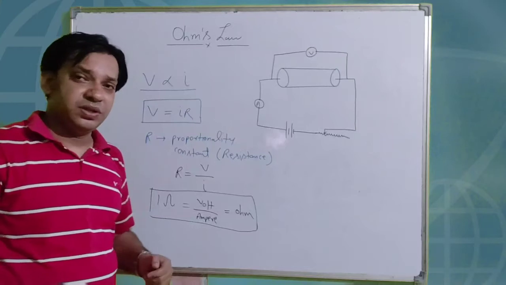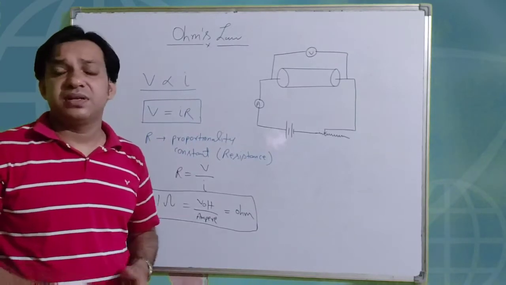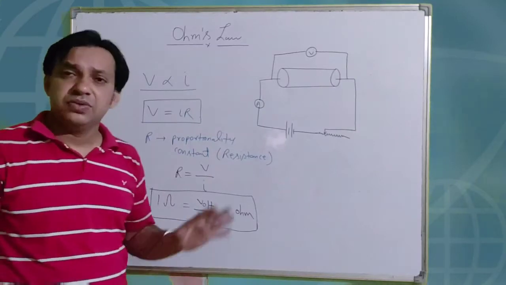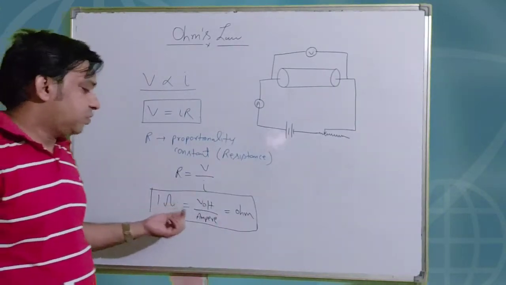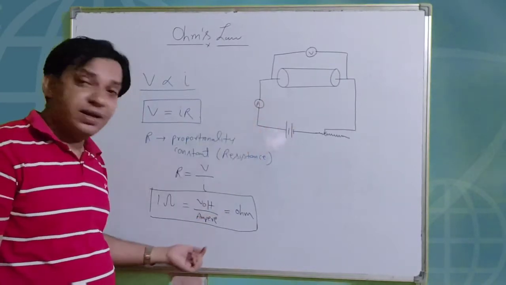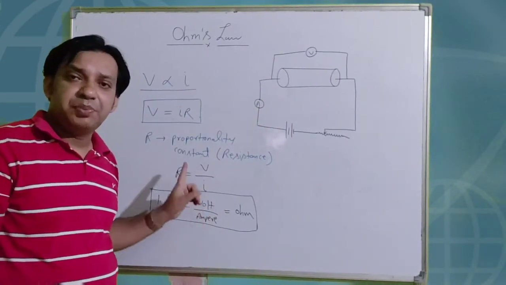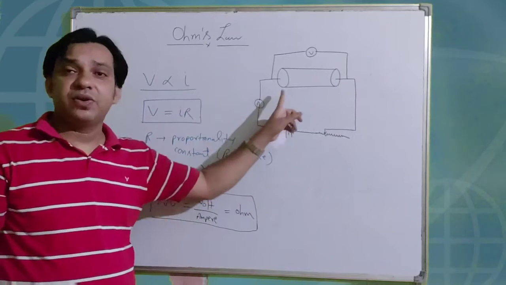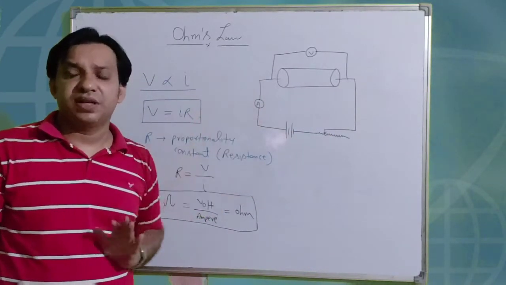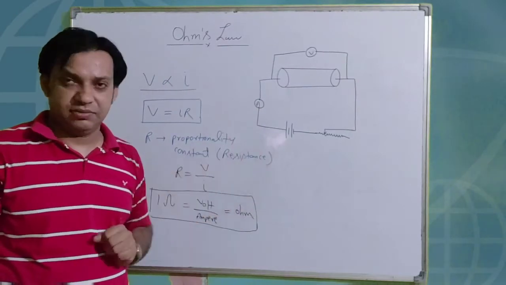1 ohm. Commonly the board examination asks to define the 1 ohm. So how can you define the 1 ohm? 1 ohm is the resistance of that conductor when 1 volt of potential difference is applied across the conductor, and because of that 1 ampere of current is flowing through the conductor.